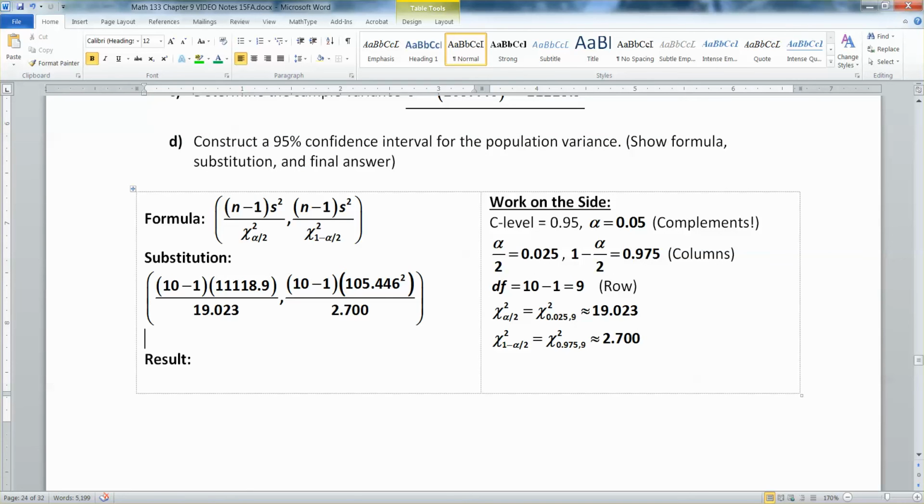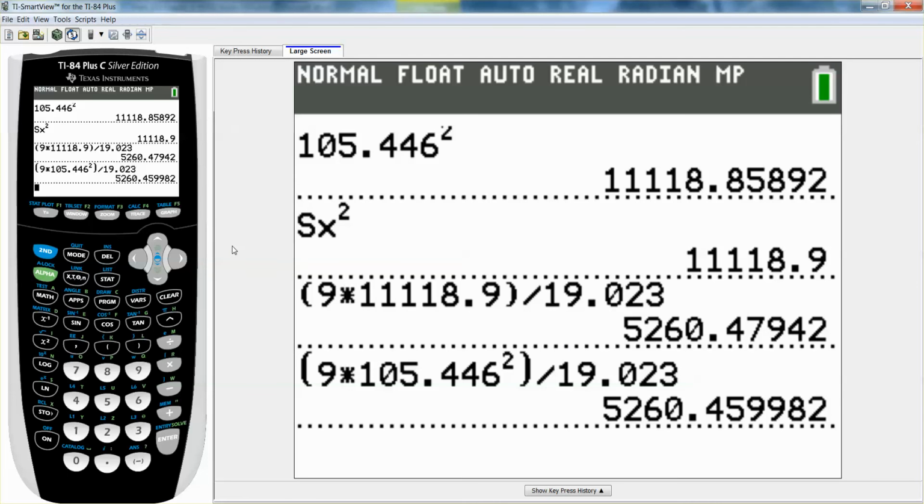And then I'm going to do the other one before I go anywhere else. So it's the same thing. I want to take parentheses 9 times 11118.9. And again, you don't really need the parentheses, but I like it because it helps organize what we're doing and when. So that's the end of that numerator. I'm going to divide it by 2.700 for the other one.